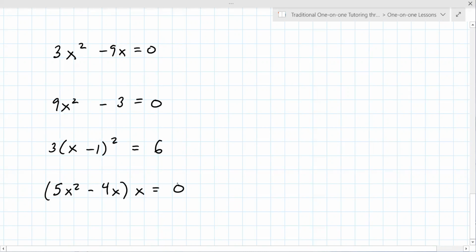All right. What say you? Do any of these jump out at you? There's only two options here. It's either GCF or square root property?